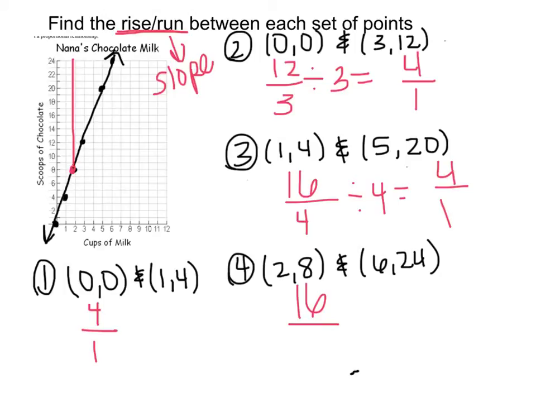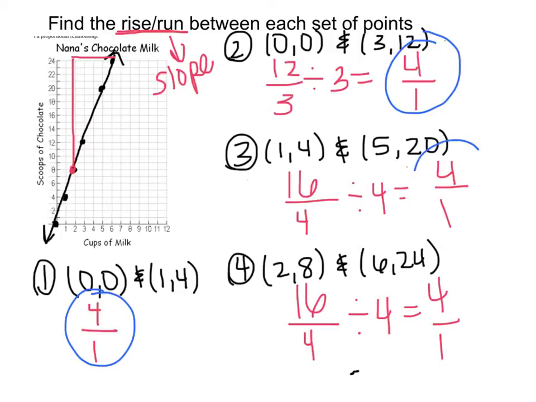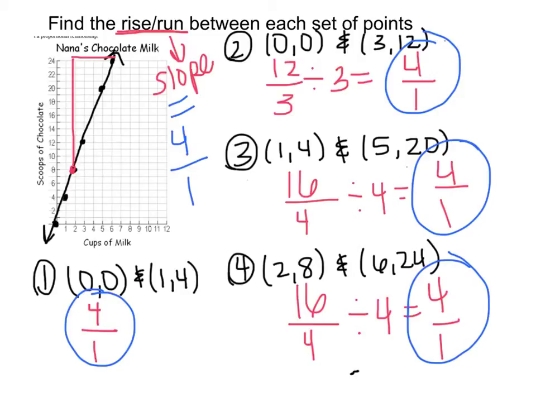And now we want to go over from 2 to 6. And that's going to be 4 spaces. So again, we can divide by 4, and we get 4 over 1. If you look, all of these are going to simplify to a rise of 4 and a run of 1. So our slope is going to be equal to 4 over 1 for this graph.